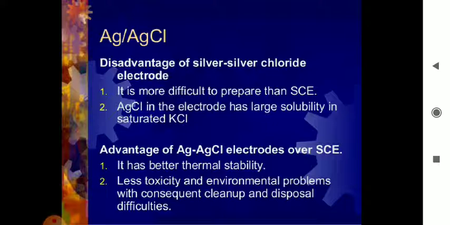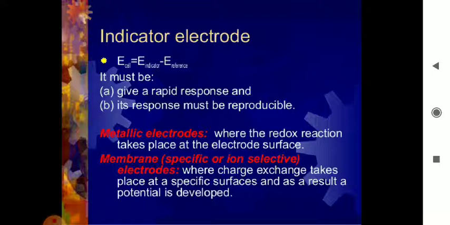Students, mercury is toxic in nature compared to silver chloride. So if you look at it environmentally, we can use the silver chloride electrode instead of the standard calomel electrode. So this is the advantage of this electrode.